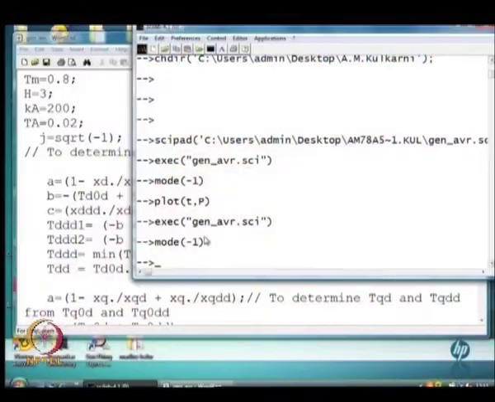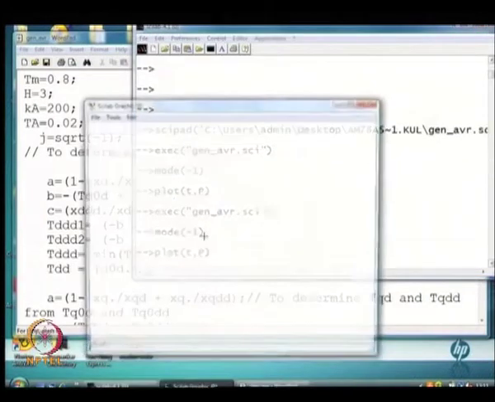Because of this pulse change, the system gets shaken out of its equilibrium conditions, the states move away from the equilibrium conditions, and once the disturbance disappears, we have to see whether the system comes back to the equilibrium again or not. In the previous case where T m was 0.5, this actually happened, but now let us see whether it will happen when T m is 0.8.